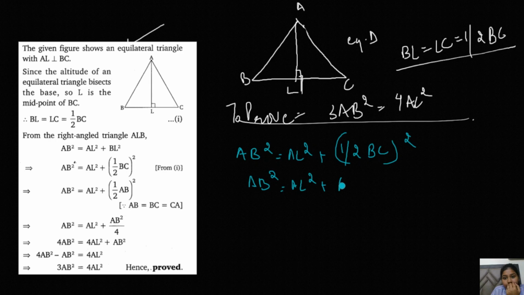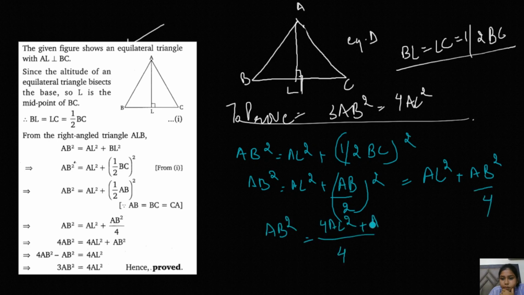Because AB, BC and AC are equal, because the given triangle is an equilateral one. Am I right? This is given. So we are getting 4AB square equals 4AL square plus AB square. So we are getting 3AB square is equal to 4AL square.